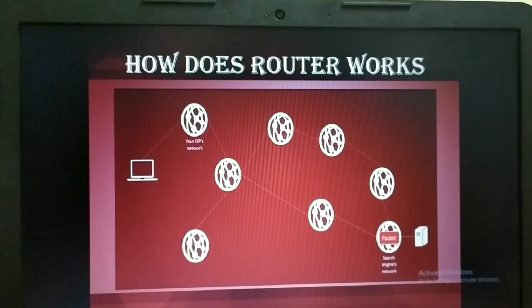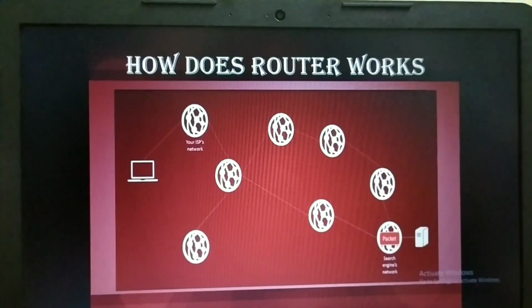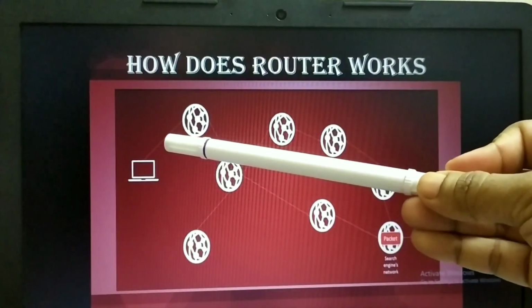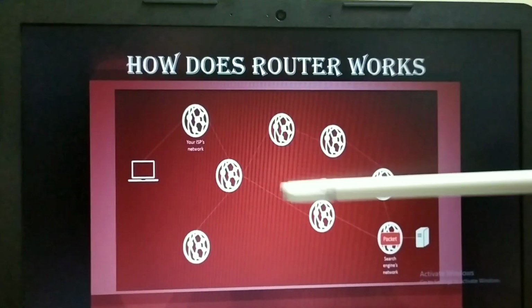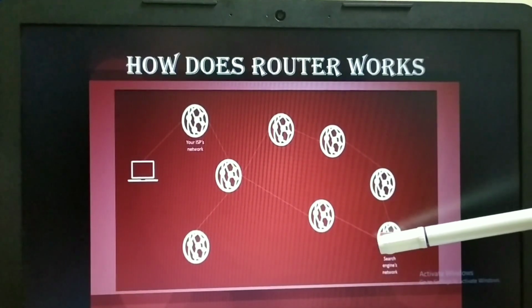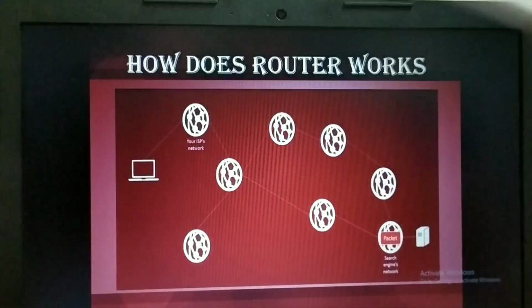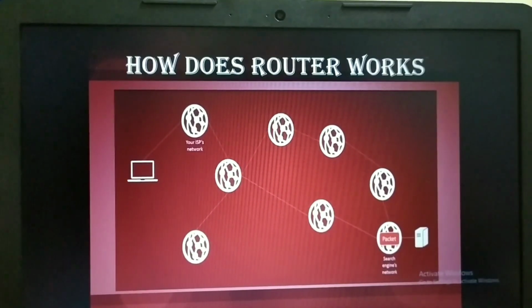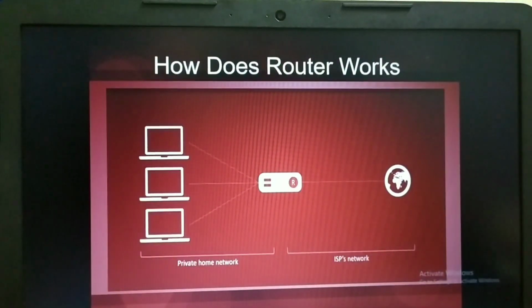Okay, so the data is linked with the destination computer, and your device, the router, is helping to show the path where you can get the data. This packet data will again come to your computer when you search. So when a data packet reaches a router, it gives the direction to reach the destination easily and in a very quick way.